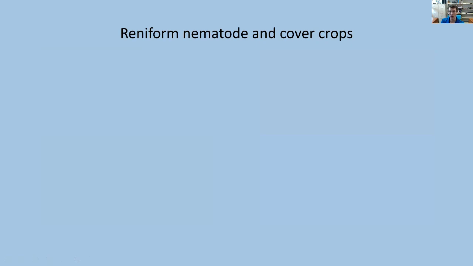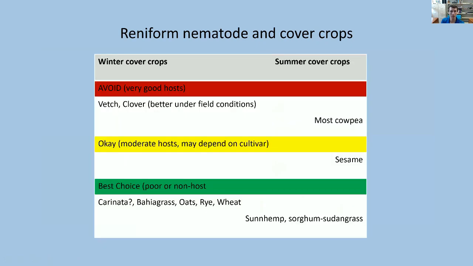So last, reniform nematode. And the guidance for this is relatively similar to what we saw for root knot nematode. Again, the legumes tend to be hosts of reniform nematodes, so they're ones to avoid if you're having trouble with reniform nematode.